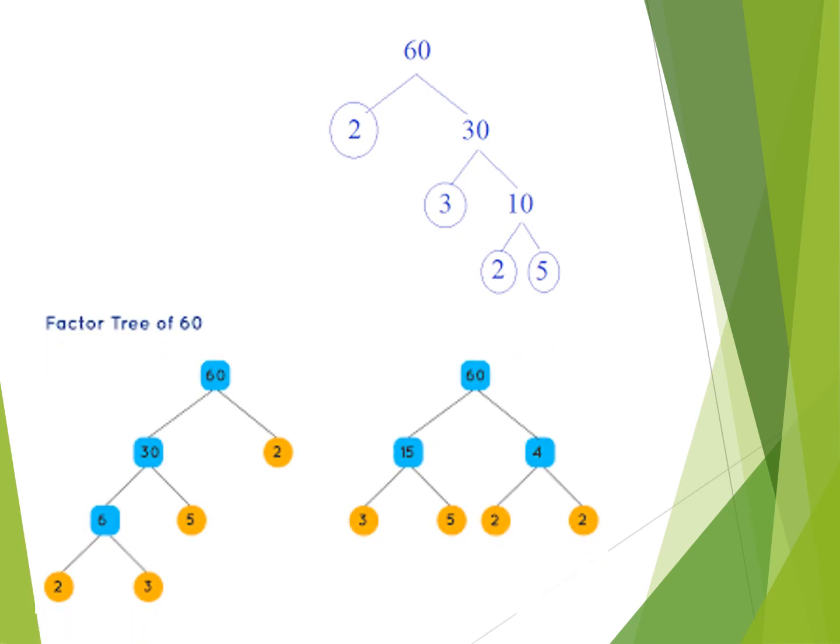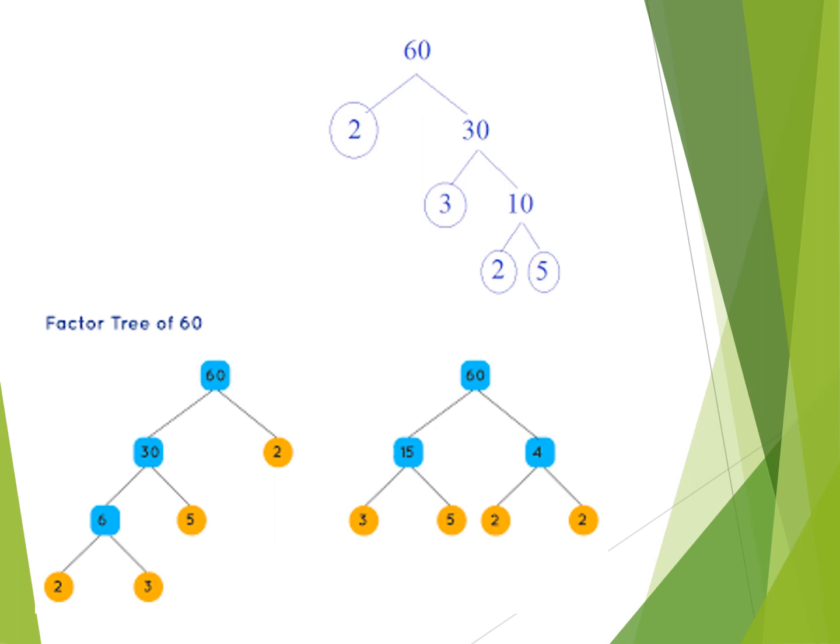Take a look at another example of 60. There's also 60 divided by 2 first here. We'll get 30, 30 divided by 3 is 10, 10 divided by 2, we'll get 5. It also gives you the same result. We also get the same prime factorization, which is 2 to the power of 2 times 3 times 5.